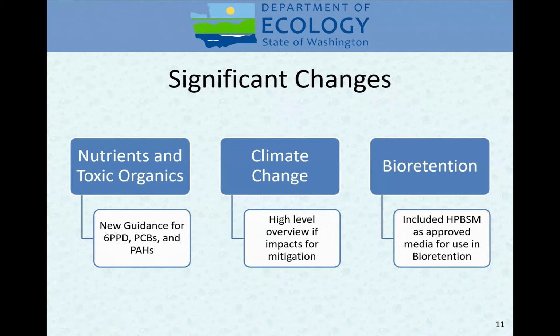And they will also be creating a rainfall file of years of expected rainfall going out into the future that can be used for the mitigated scenario when you run WWHM. And that will be for all of Western Washington. So no matter where you're working in Western Washington, you will have a file created that matches what we think will be the most likely rainfall happening in the future.